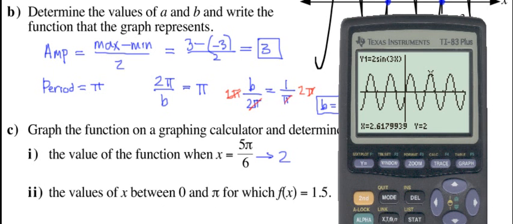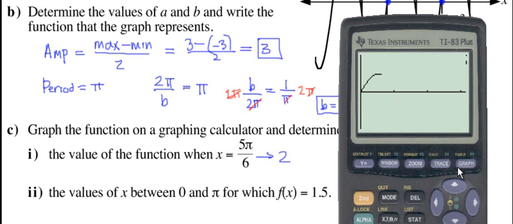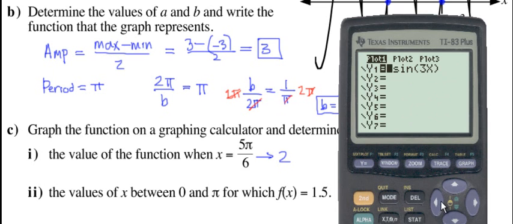Now, they only want to look at x's between 0 and pi, so I'm going to scrunch down my window a whole bunch so we can just see the region they're looking for. All right. And they want to know where this function equals 1.5.